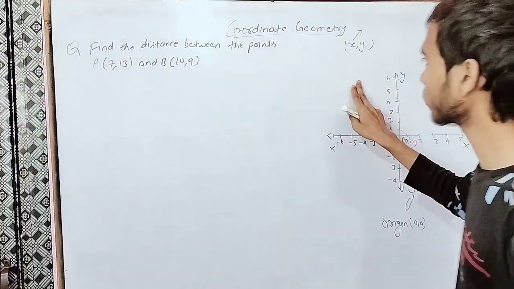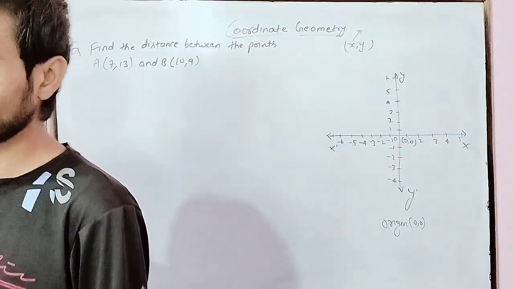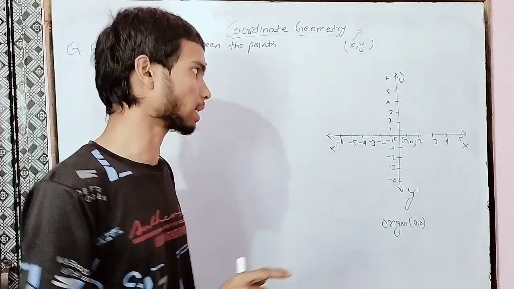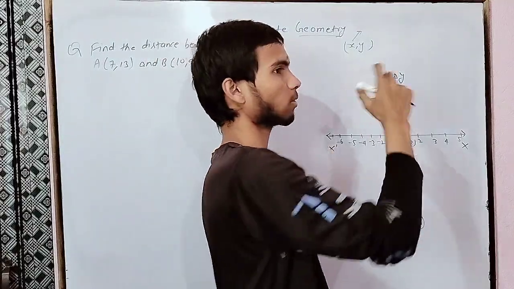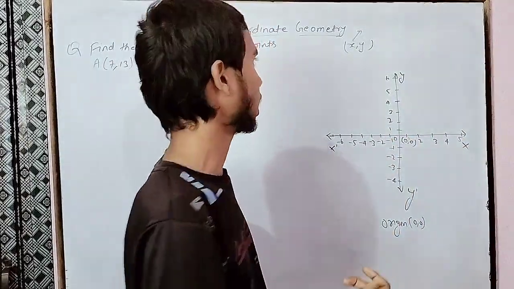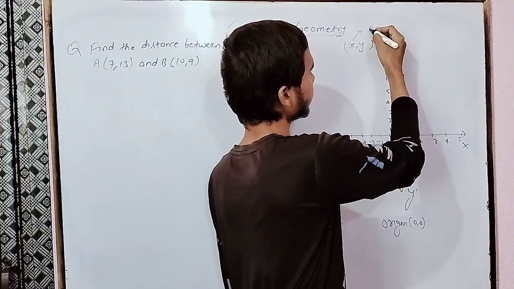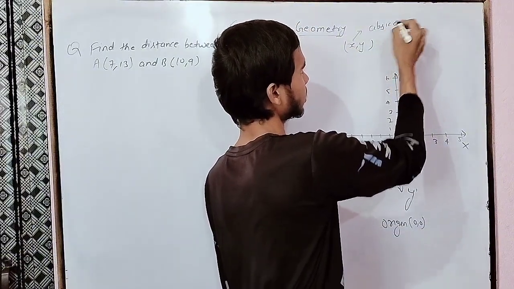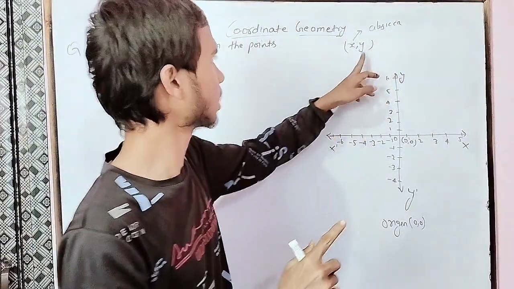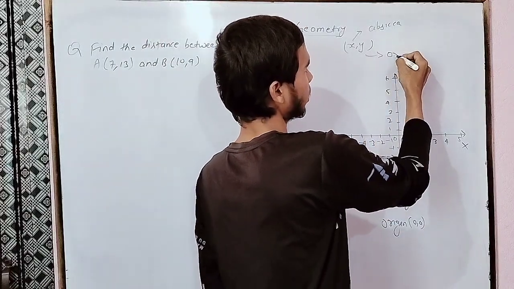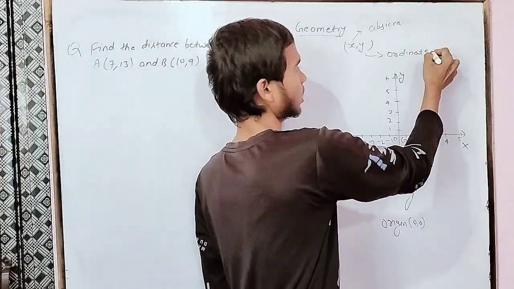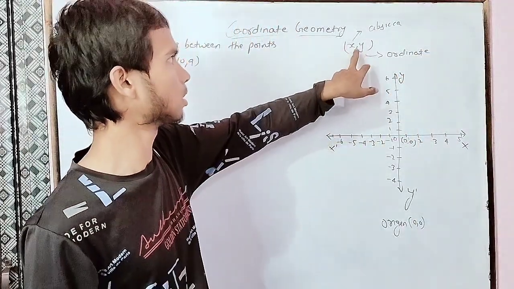Now the first number will come, the number that is on the x-axis. Okay, so the first number will be x, and the second number will be y. So this is also known as the abscissa, and this is also known as the ordinate. These are the names of these.